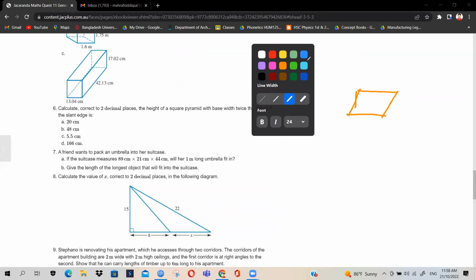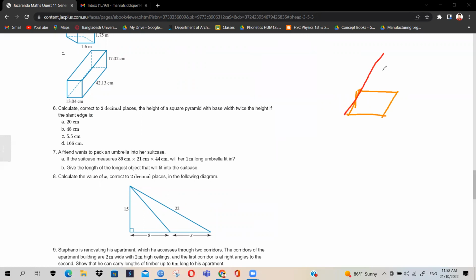This could be the pyramid. So this is somewhat like the pyramid. Now the height of a square pyramid you have to calculate, with base width twice the height.